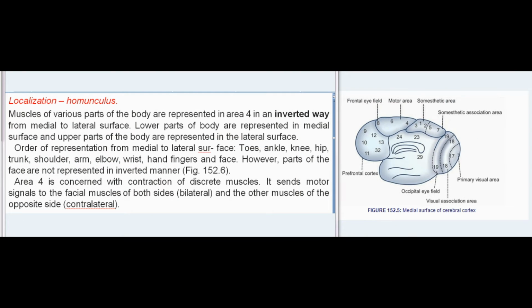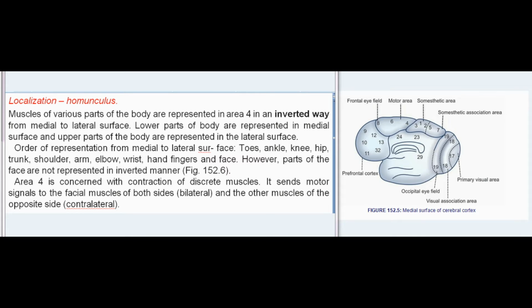Localization, homunculus. Muscles of various parts of the body are represented in area 4 in an inverted way from medial to lateral surface. Lower parts of body are represented in medial surface and upper parts of the body are represented in the lateral surface. Order of representation from medial to lateral surface: toes, ankle, knee, hip, trunk, shoulder, arm, elbow, wrist, hand, fingers, and face.